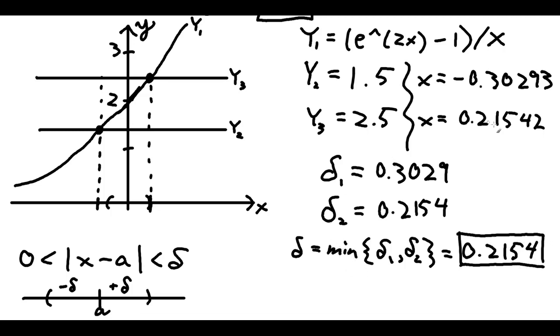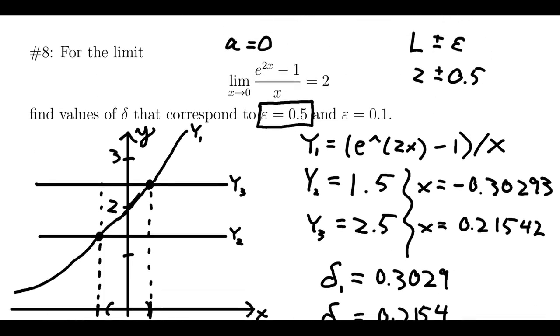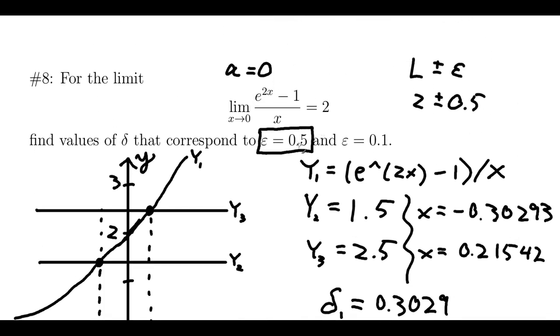So from this little bit of numerical work we've done, a little bit of conservative rounding, we are quite confident, assuming that our calculator isn't lying to us too much, we are quite confident that as long as we choose x values that do not exceed a distance of 0.2154 from the origin, any function value we get when we evaluate our function at that point, it should give us a value that is within 0.5 of 2. Okay.